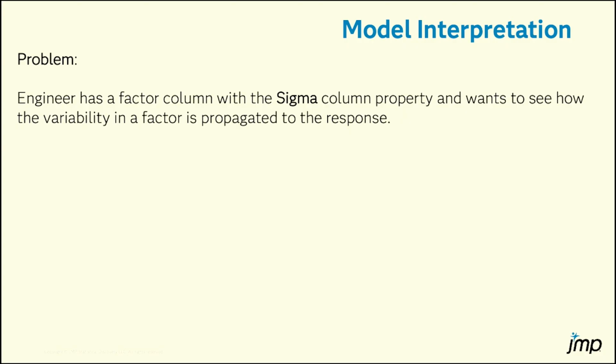There's going to be some variability on how perfectly you can set those factor settings. Here is one way to deal with that. If you know that there's some variability on how precise you can be in your measurement of X, and you want to see how that error propagates to Y, this is one tool that we can use.